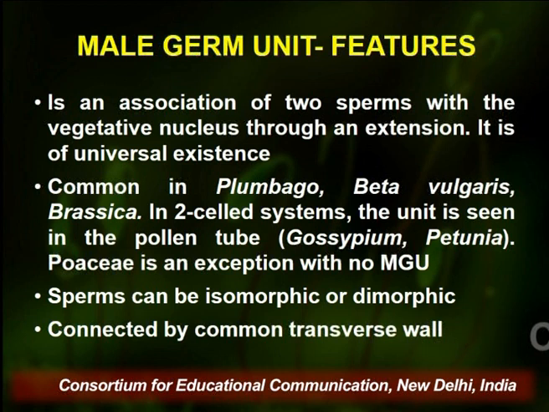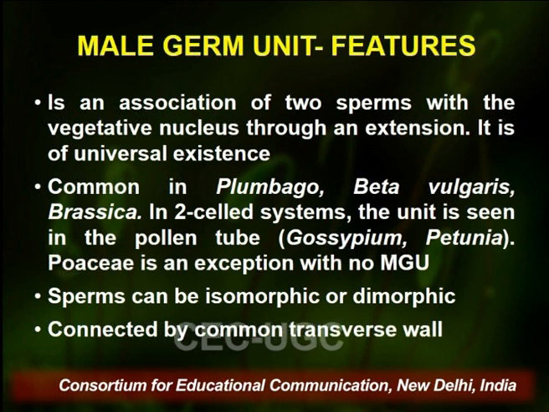Poaceae is one family in which no male germ unit is present. Now the two sperms which are part of this male germ unit can be similar in morphology or they can be different. When they are similar, we call them isomorphic, and when they are different, we call them dimorphic.